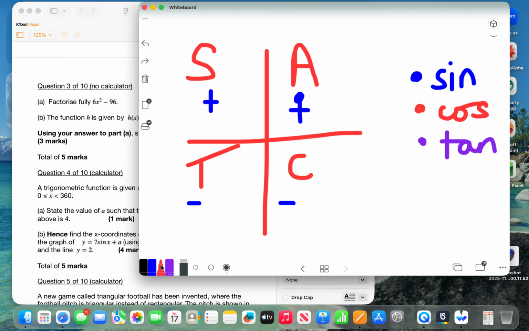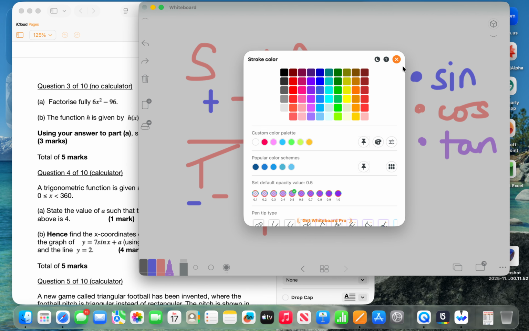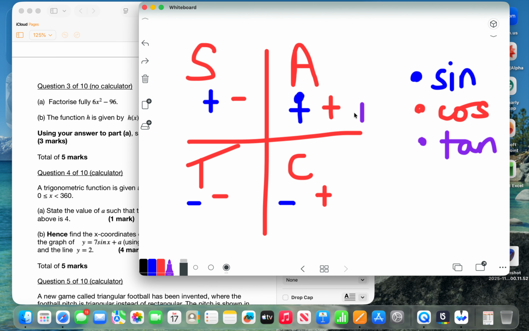The cosine is positive in this one and in this one, but it's negative in this one and this one. The tan is positive in this one and this one, and it's negative in this and this.